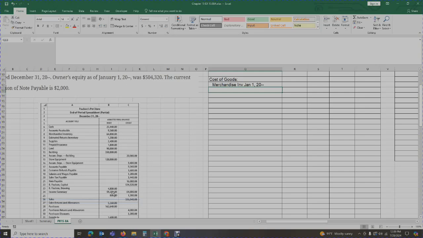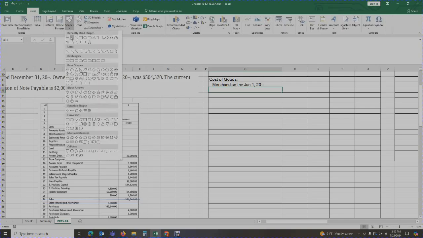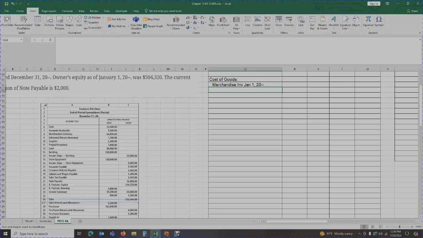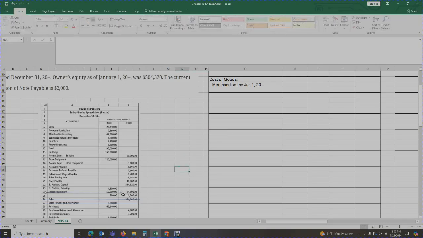The debit on income summary represents the beginning inventory, and the credit represents the ending inventory. We're interested in the beginning inventory, so we're going to use the $59,200.